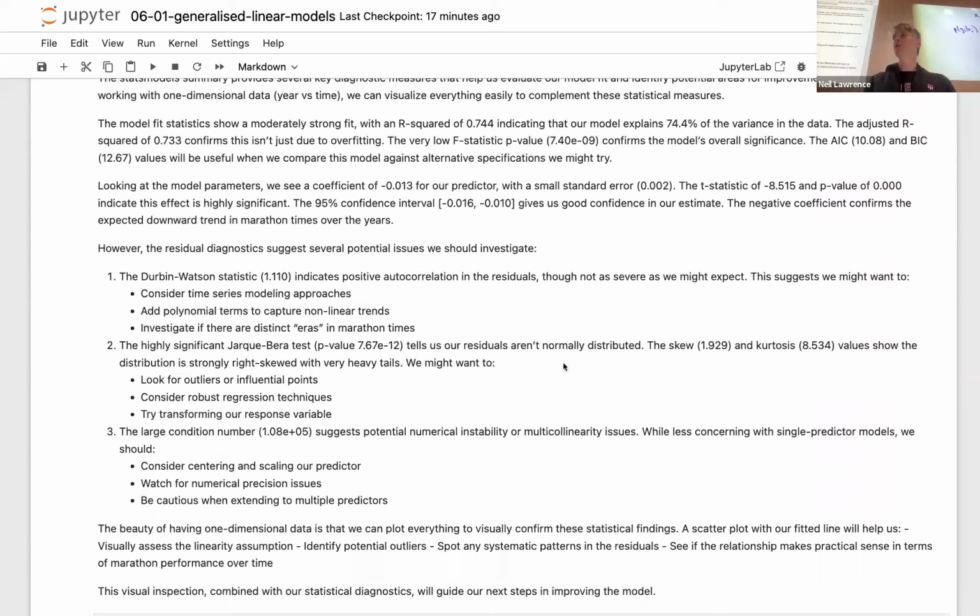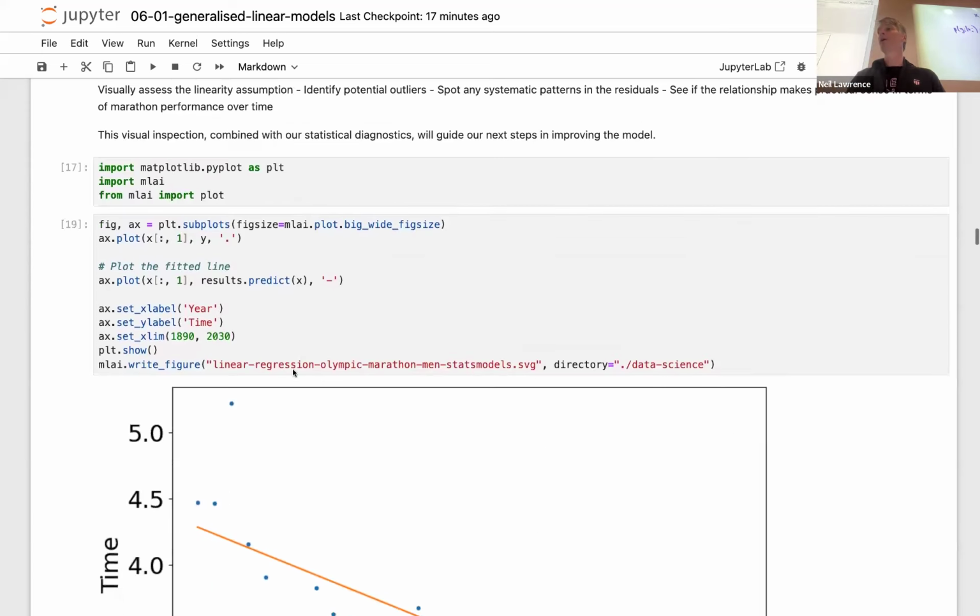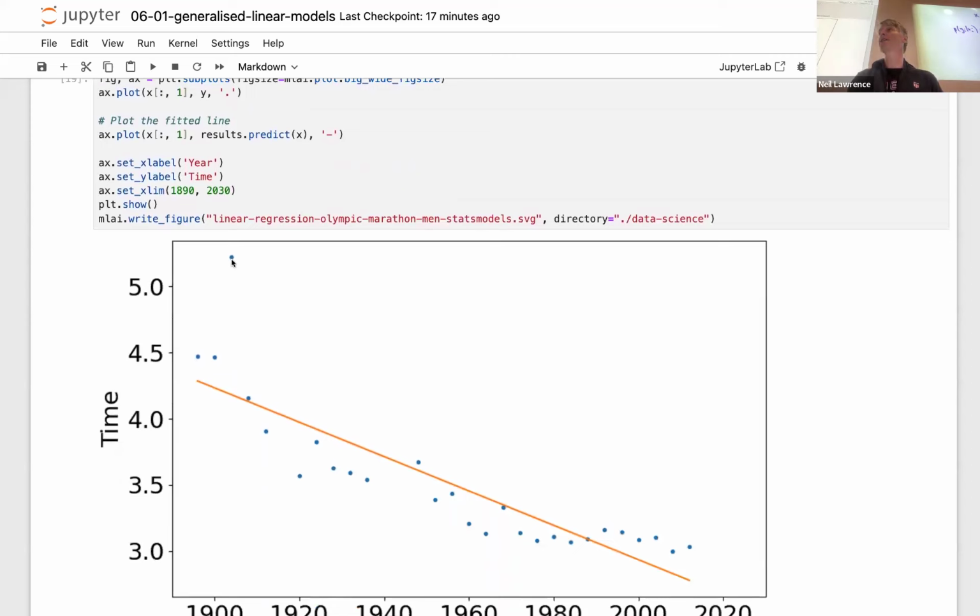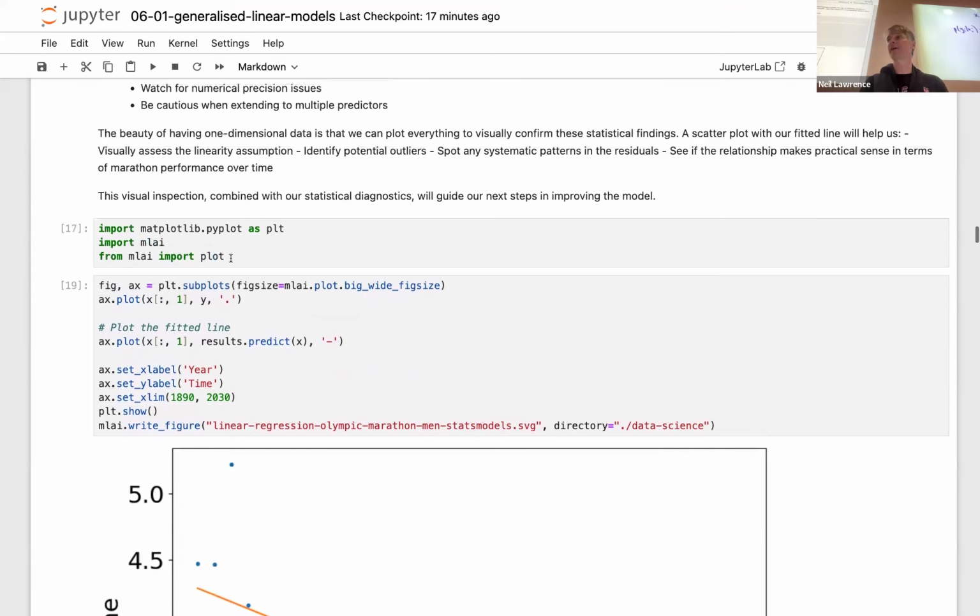So the skew and kurtosis values show the distribution is strongly right skewed with heavy tails. Strongly right skewed in a positive direction. When we look at the plot, one of the explanations for that is this outlier, skewed in the positive direction.